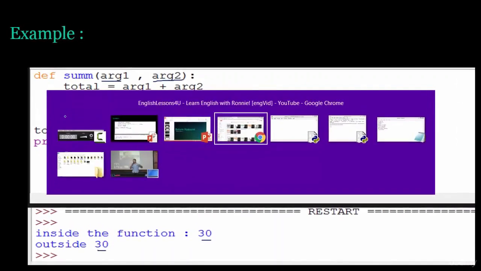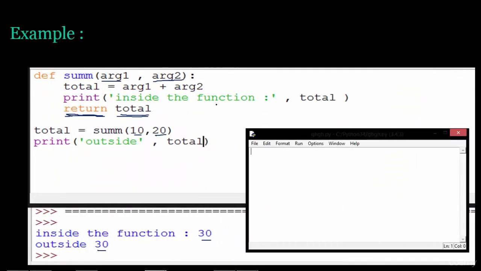Again, let's try this in our Python shell. I'll type here def sum, which will take x and y from us. Then I'll set total equal to x plus y. Then I'll print total here.